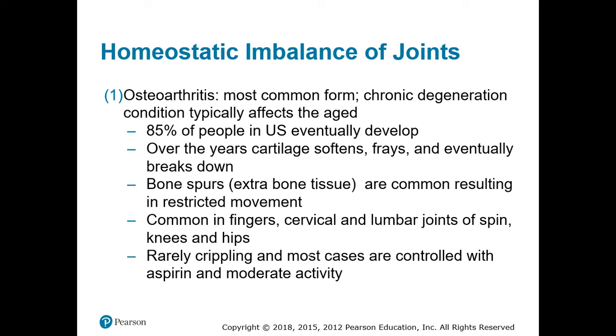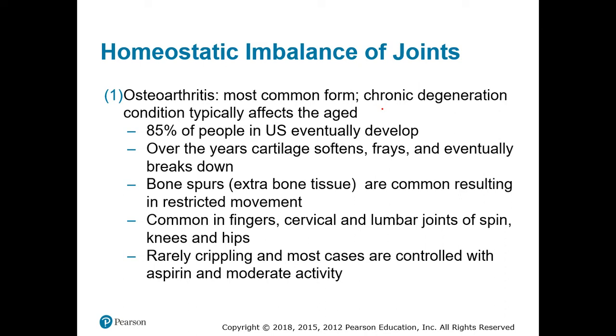Osteoarthritis is actually the most common form. It is chronic, so it's going to happen throughout your lifetime. It's degenerative, so usually it does slowly get worse, and it affects the aged. Over 85% of people in the US eventually develop some type of osteoarthritis.